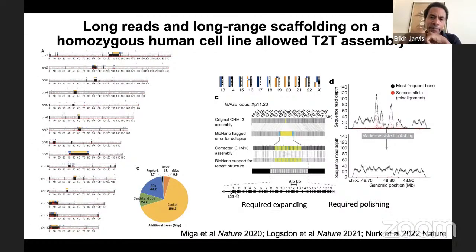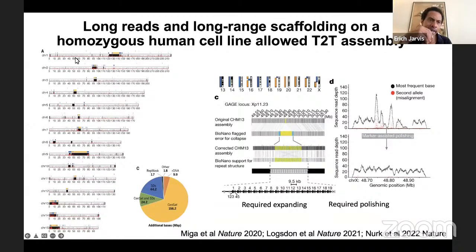And around the same time, the telomere group were utilizing these advancements and generating new ones to try to generate as complete a human genome assembly as possible. And to make a long story short, here we have, because many people have seen the paper, the first complete human genome from chromosomes 1 down to 23, but just showing 15 here.